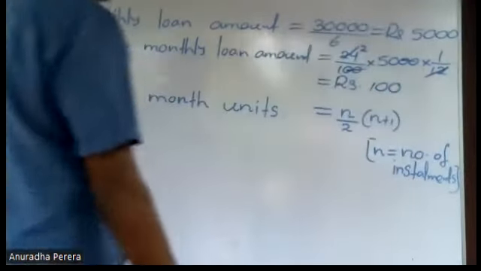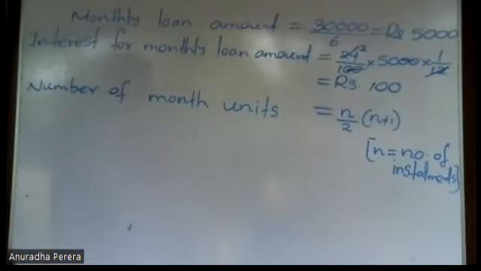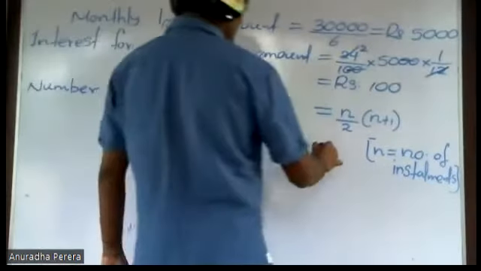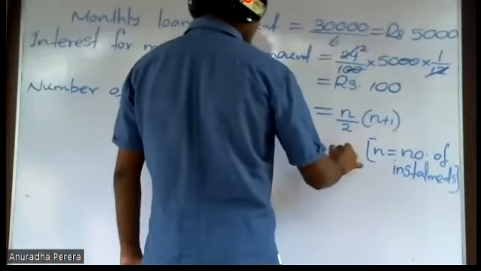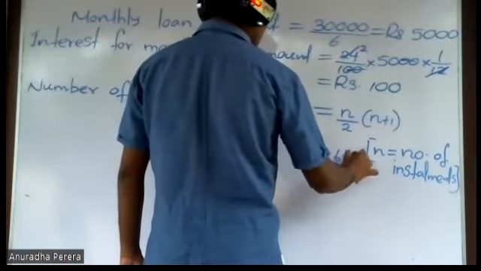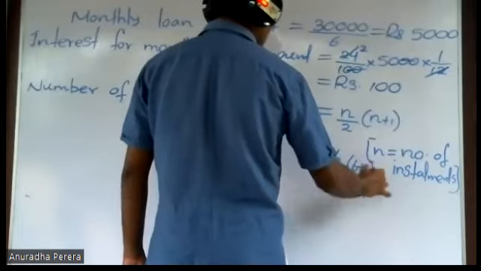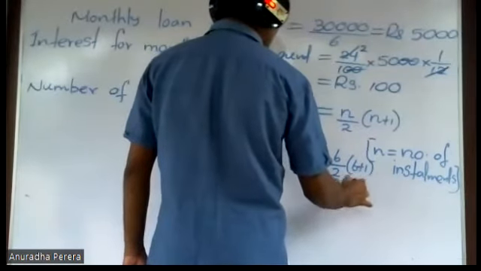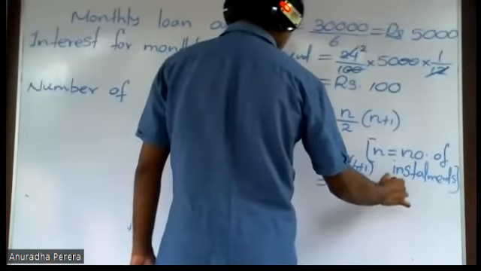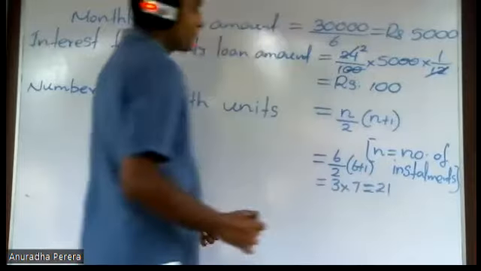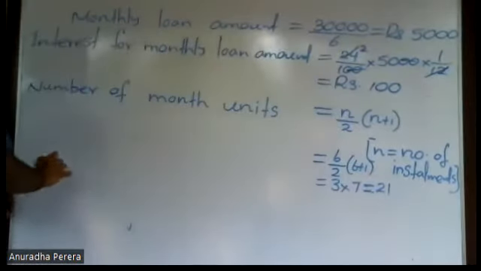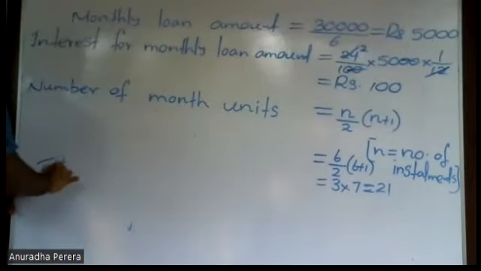You can determine it: 6 over 2, 6 plus 1, 3 into 7, number of month units 21. Right? Now we can determine total interest.